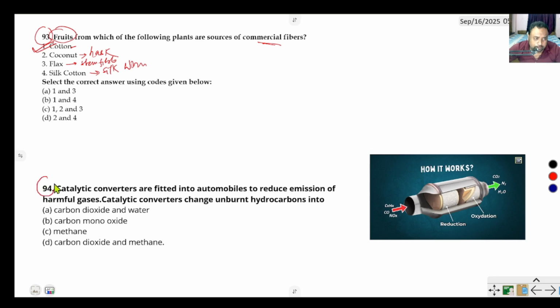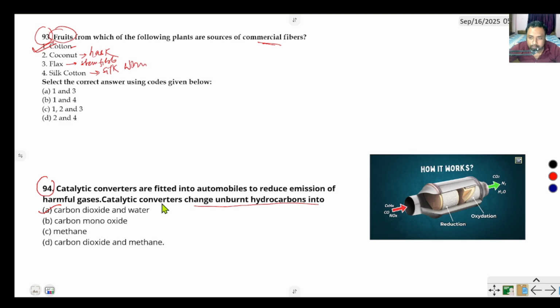Question number 94 says, catalytic converters are fitted into automobiles to reduce emission of harmful gases. A catalytic converter changes unburned hydrocarbons into carbon dioxide and water, which is less toxic to the environment.